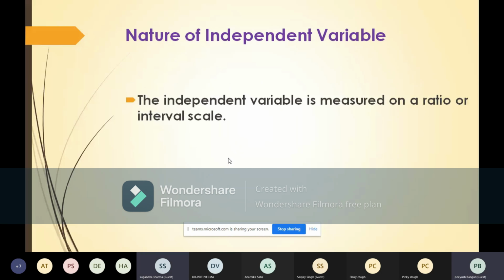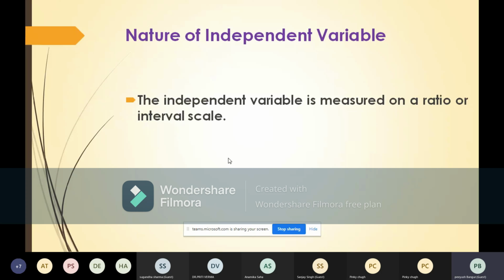So, the nature of the independent variable is measured on a ratio or interval scale. See friends, again I am repeating, we learned 4 types of scale yesterday. The last two scales are not possible.